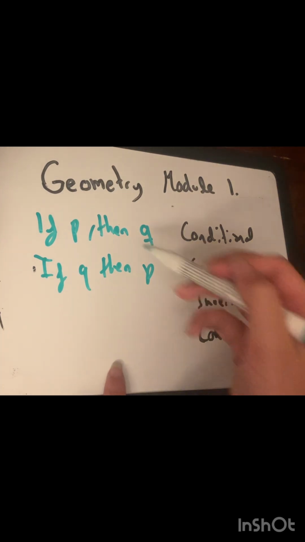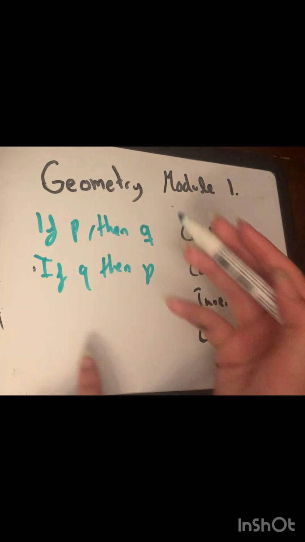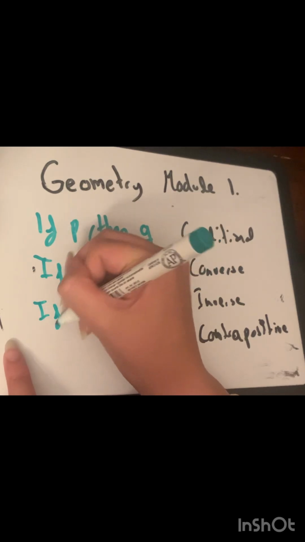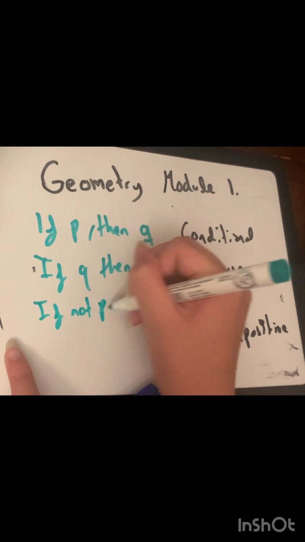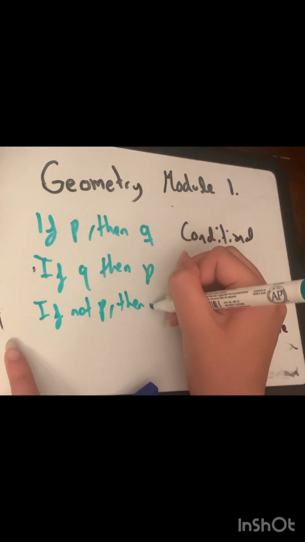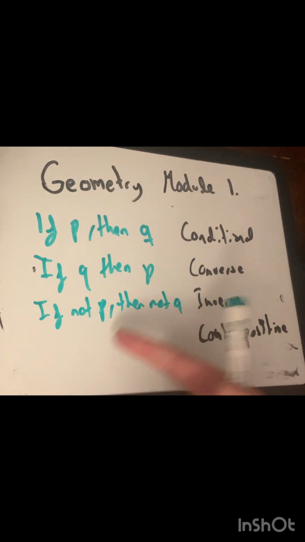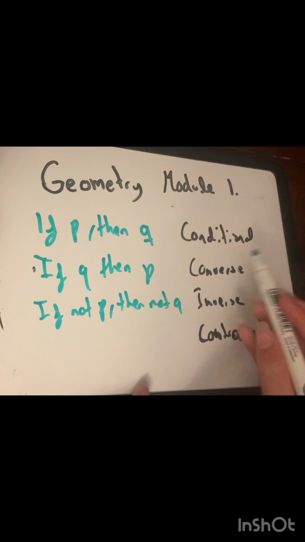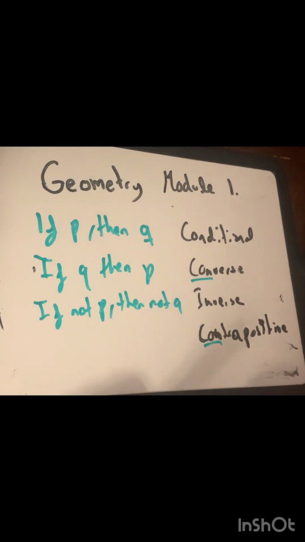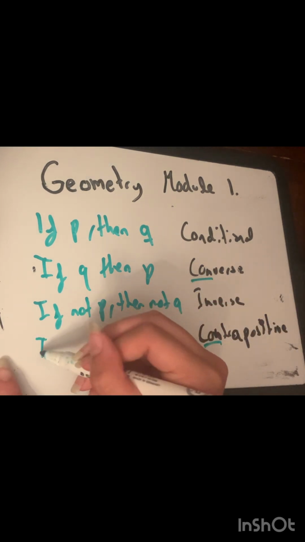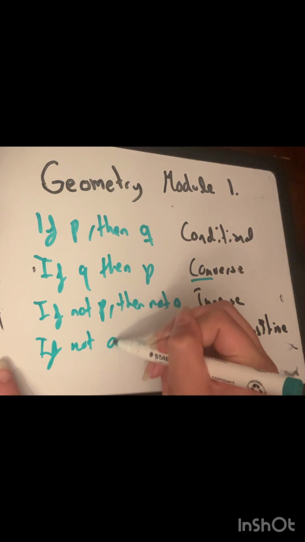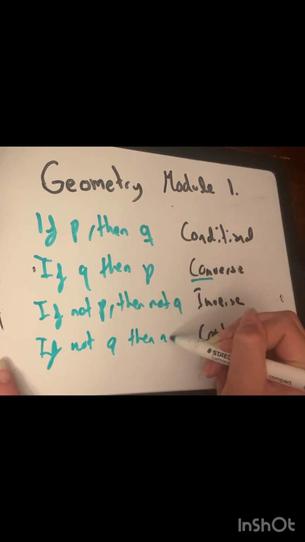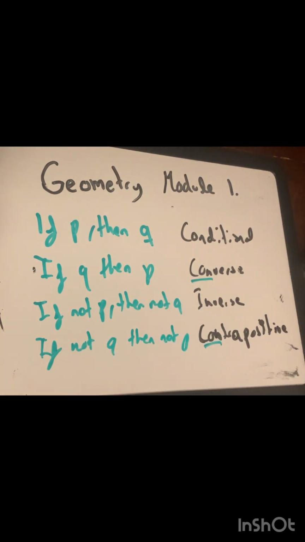Inverse is the first one in negative. Okay? I would write this down in your test. If you guys forget, you can write it in your test sheet as well. If not P, then not Q. Contrapositive is a copy of converse, but just in negative. So it'd be if not Q, then not P. And that's it, guys. Just memorize this table, and that's all you need to know.